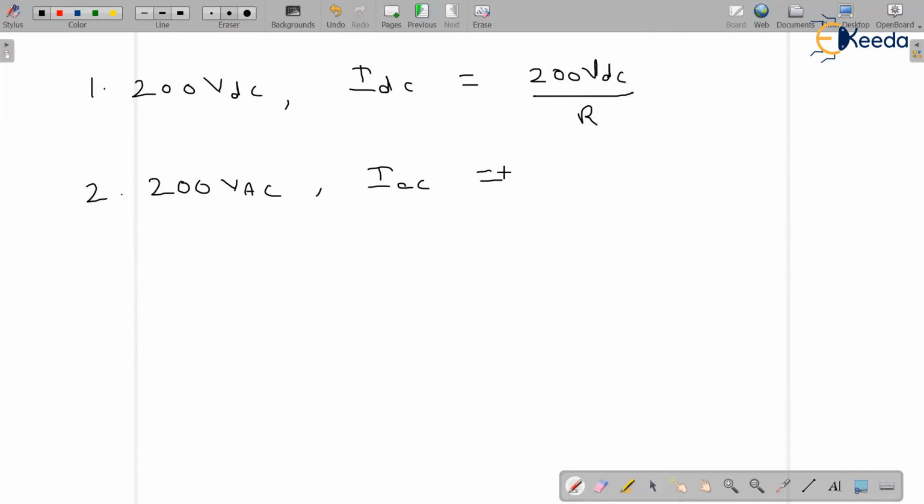IAC is equal to 200 volts VAC by Z. Simply, Z is greater than R. So what? IAC is less than IDC.